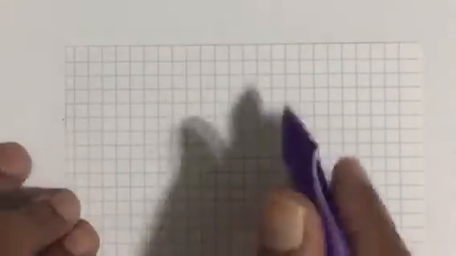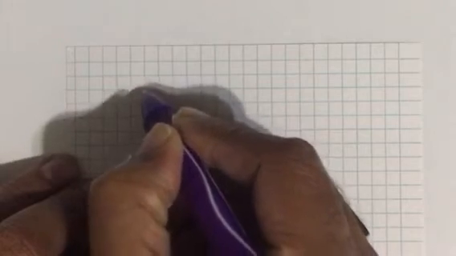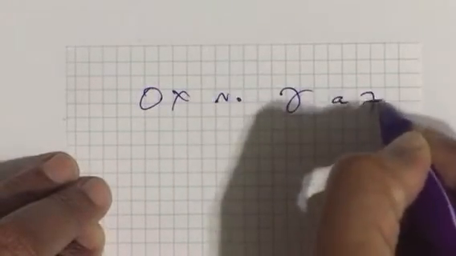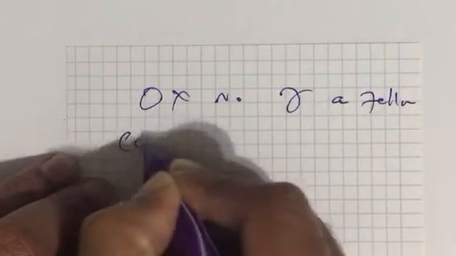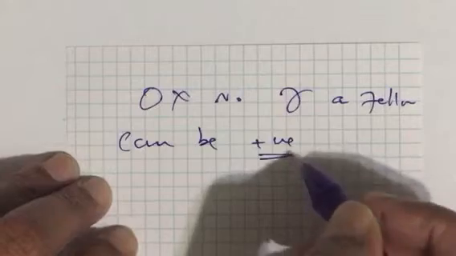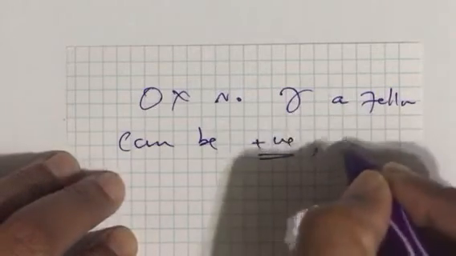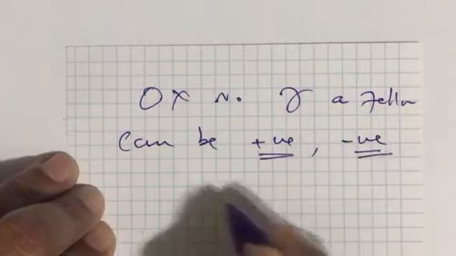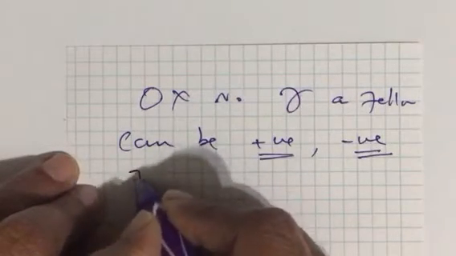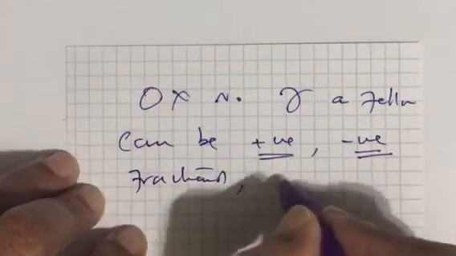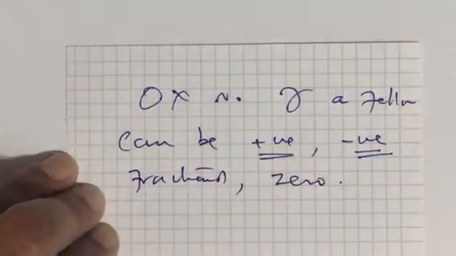Now looking at the oxidation number of a fellow, it can be positive, means it might have lost or apparently lost electrons. It can be negative, it means it might have gained some electrons. Also it can be fractional, interesting, and it can be 0.